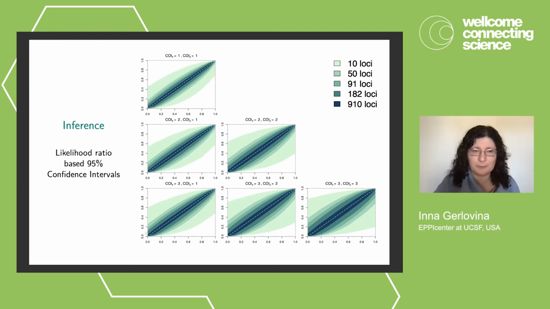For 0, it goes from 0 to different values, depending on the panel here. So for a different number of loci, not surprisingly, the lower the number of loci, the wider the confidence interval. You can see it in the color. And for 910 loci, the confidence interval is quite tight.